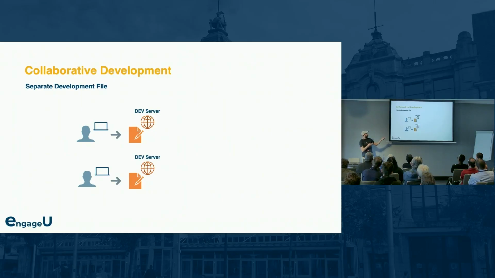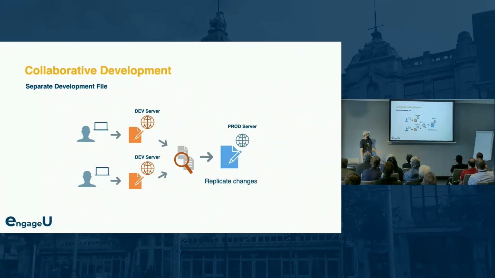But then if 2 developers work on separate files, you cannot really merge those things. How do you know what to replicate in a UAT or production environment then? You have to manually sit and compare these files, who did what, and then replicate that.